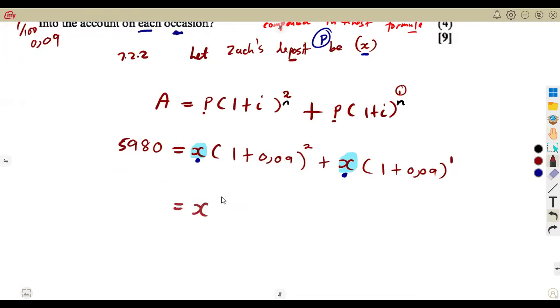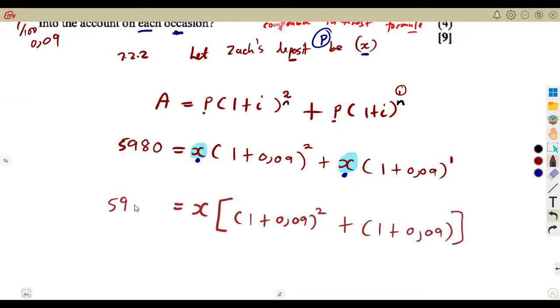I can simply factor out this X. By factoring out X, I'm going to remain with this bracket plus this bracket. So I'm going to have the bracket of (1 + 0.09)^2 plus the bracket of (1 + 0.09), which is equal to 5,980.